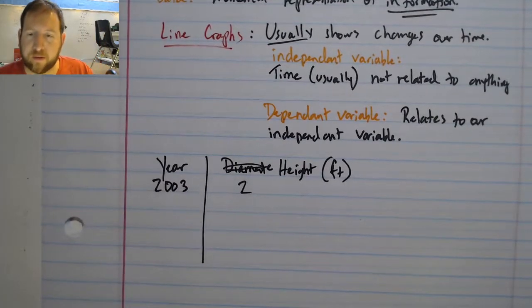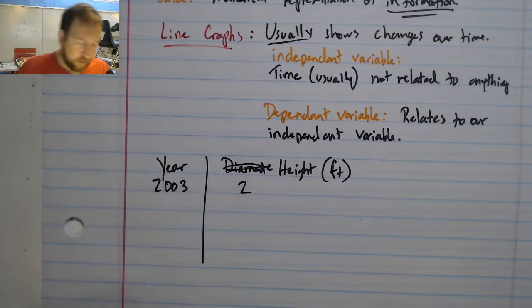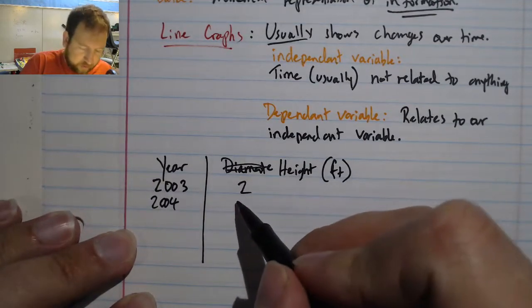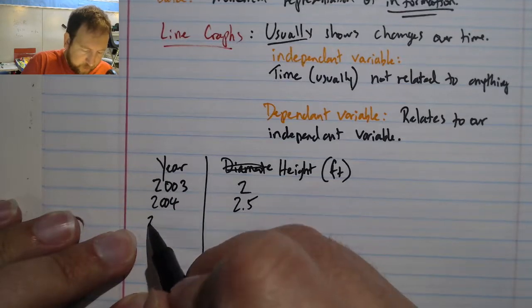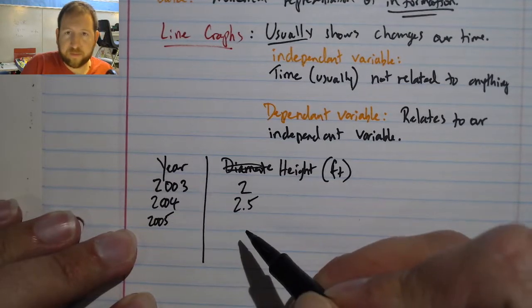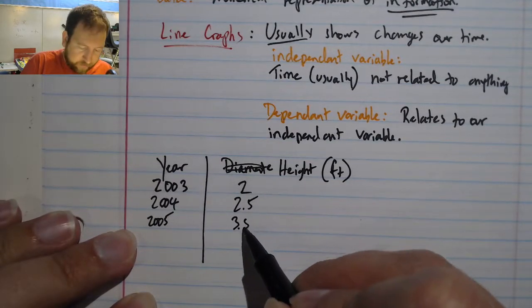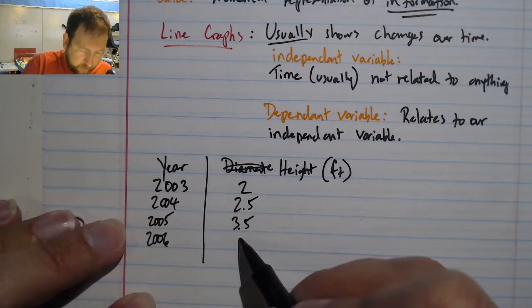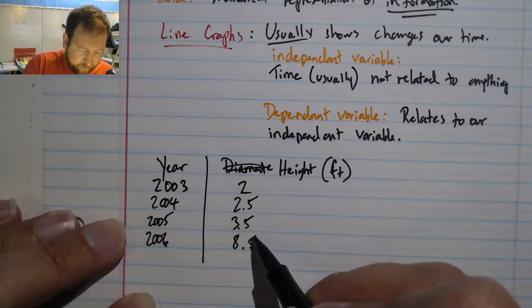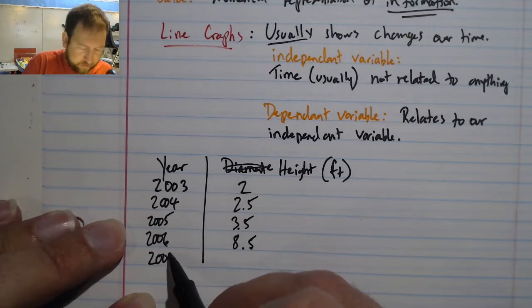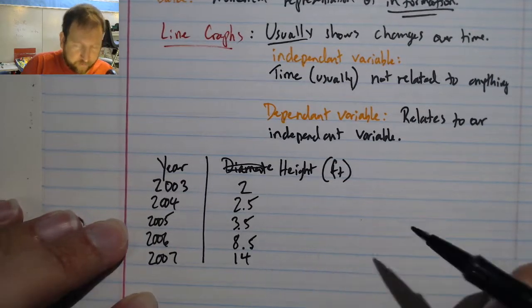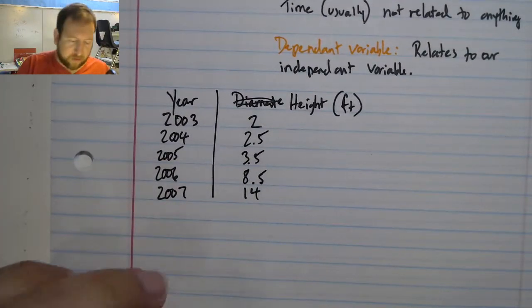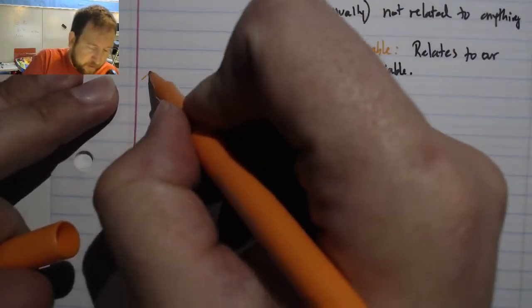Always got to get those units. 2004, our height is 2.5. 2005, 3.5. 2006, 8.5. And 2007, 14.